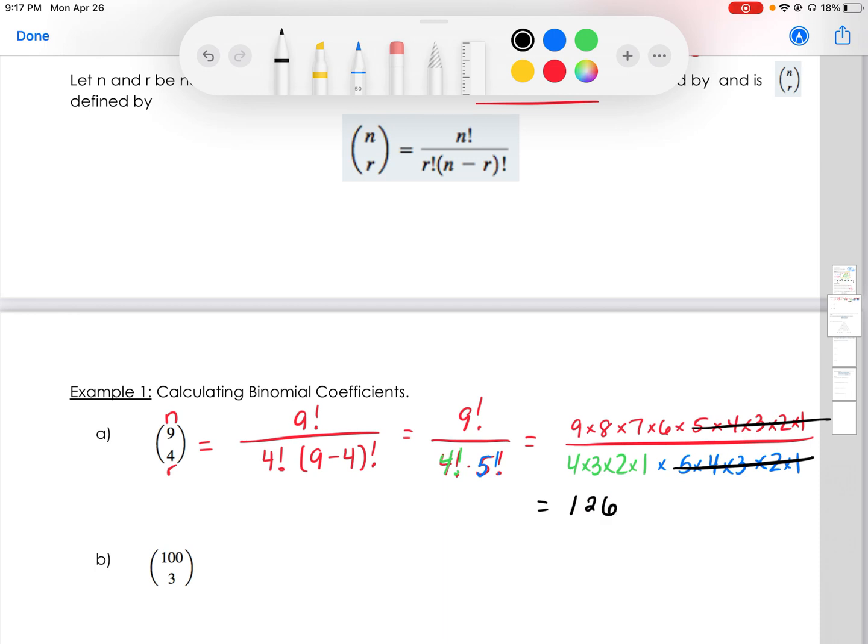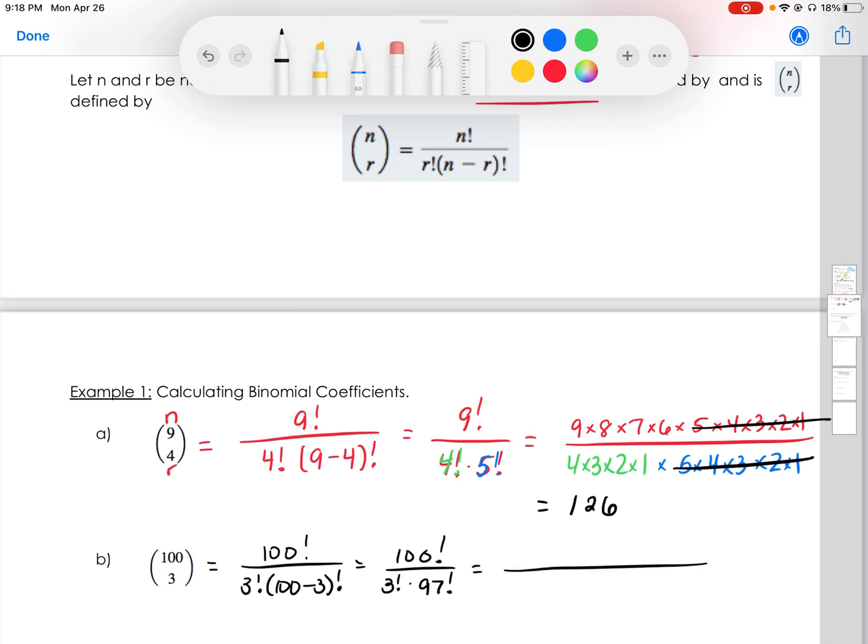All right. So let's try it for the next one. That's going to give us 100 factorial over 3 factorial times 100 minus 3 factorial. All right, so we have 100 factorial over 3 factorial times 97 factorial. And this is where that crossing out can really help us.